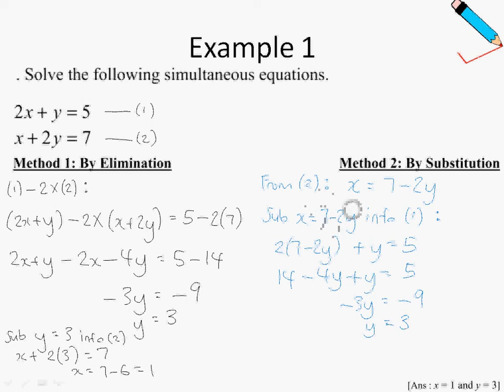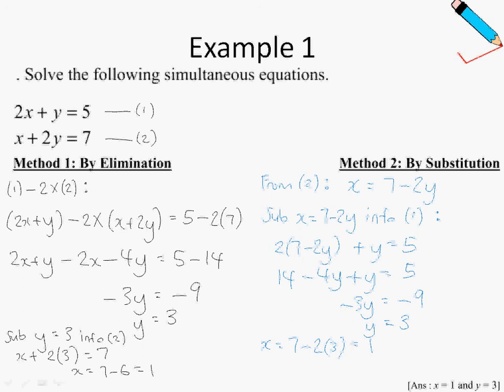And recall that earlier we found that x is 7 minus 2y, so x equals 7 minus 2 times 3, since y is 3. If I solve this, x is just 1.